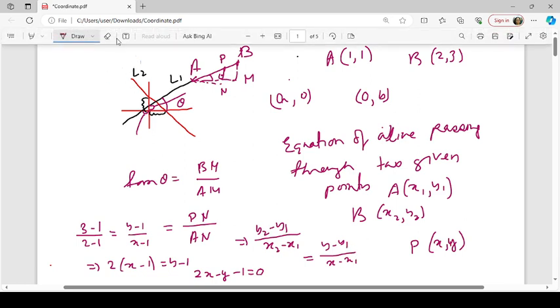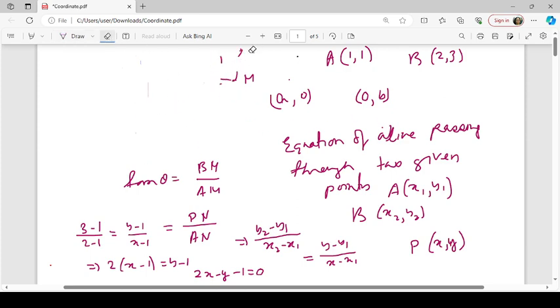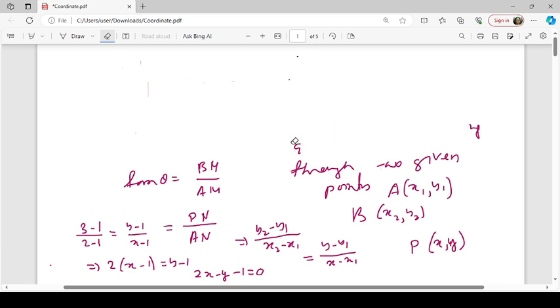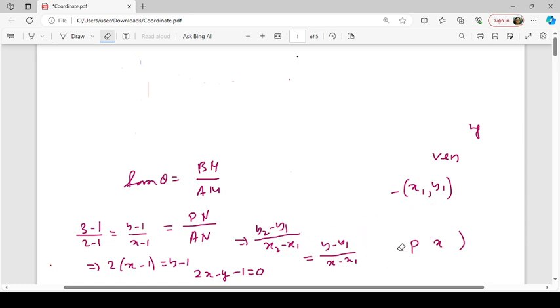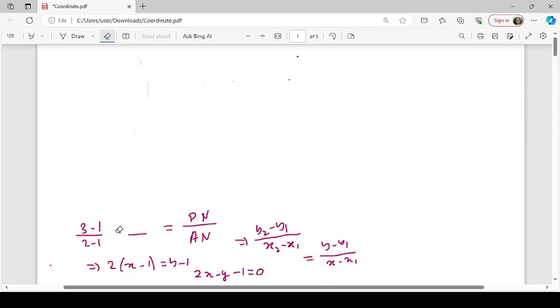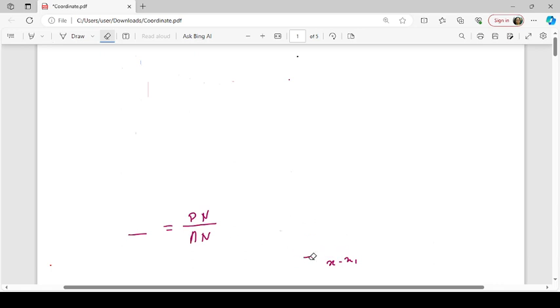So these are the ways to form the equation of a straight line, and all these we are doing using rules, or these are all the locus of a certain point following some given rules.